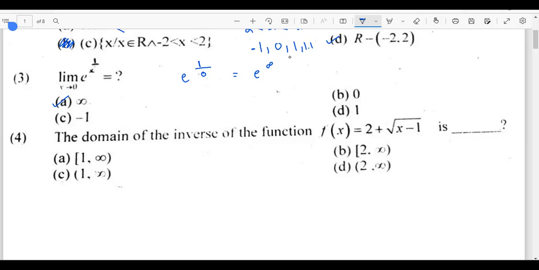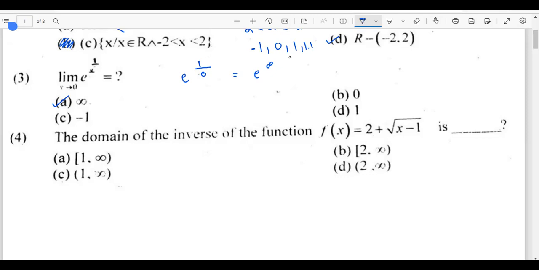We were having infinity minus infinity, infinity by infinity. So those were the problematic group, and infinity multiplied by infinity was also problematic one. Although one might say that it would be still infinity, but we don't accept that, so that would also be indeterminate.